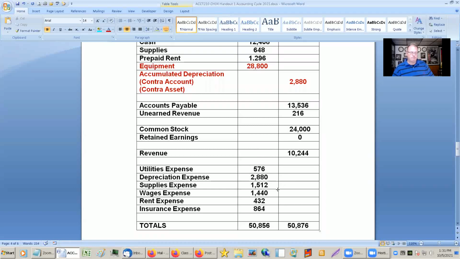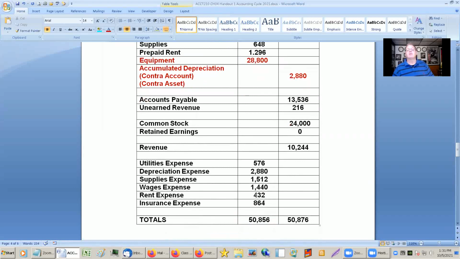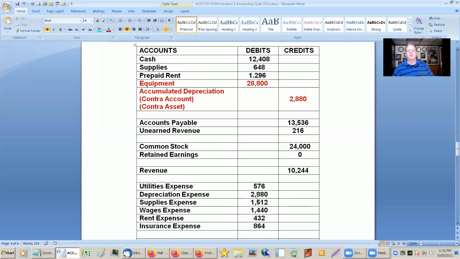I do have that same number. But these don't equal. So which is my debit side, the one that's off? Oh, the 56. Yeah, there's something wrong here.